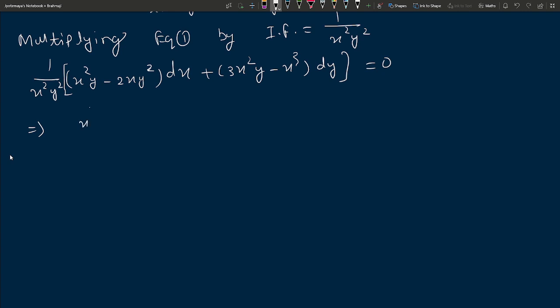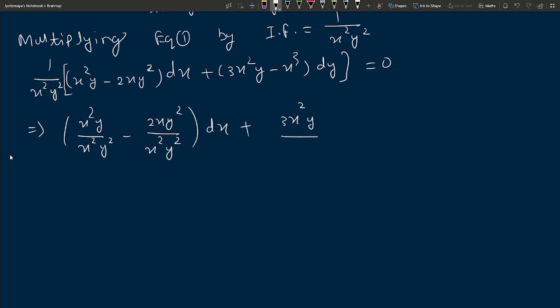Okay, so x square y by x square y square, minus 2x y square by x square y square, dx, plus 3x square y by x square y square, minus x cube by x square y square, dy. This implies, now see, x square cancels, we have 1 by y; here y square cancels, 2 by x.